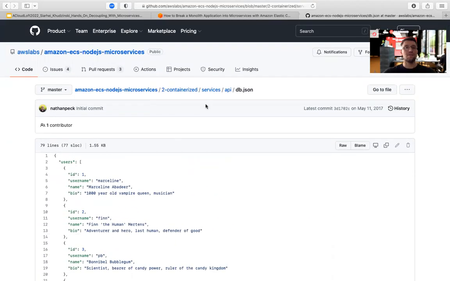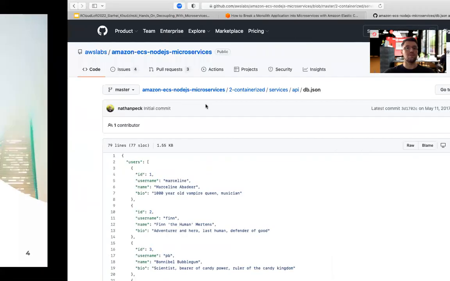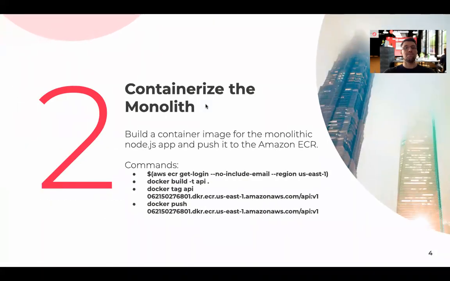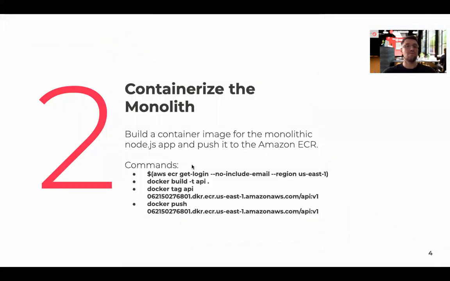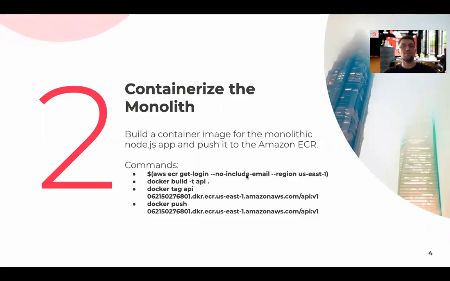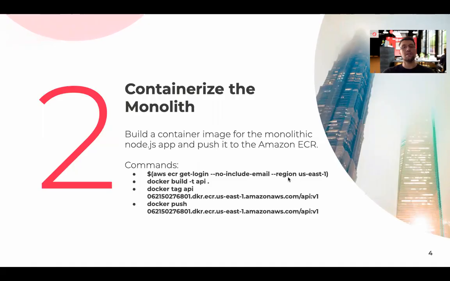All right, so let's do this. Actually, I've just decided to save our time and already done this in advance. And for this, I used the following commands. First of all, I created the repository called API. And from my laptop, I used the AWS CLI to log into the Elastic Container Registry. After that, from the folder, I built the image with the tag API.